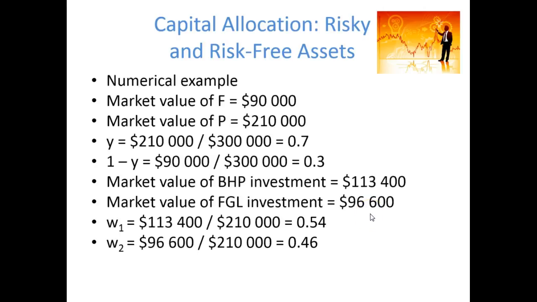Let's imagine that we currently have 70% of our total portfolio of $300,000 invested in our risky portfolio and 30% invested in the risk-free rate. Let's imagine that of that $210,000 that's invested in the risky portfolio, we've got 54%, which is $113,400, invested in BHP, and we've got 46%, which is $96,600, invested in Foster's Group.